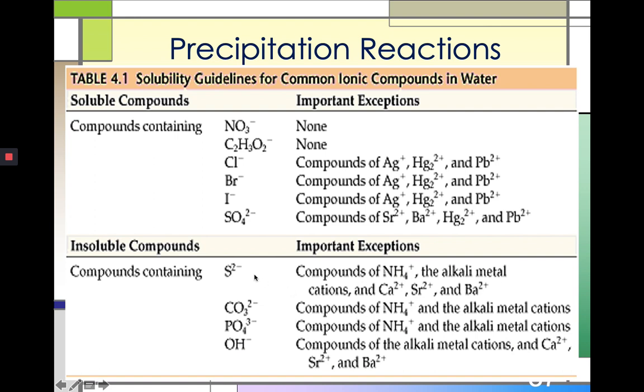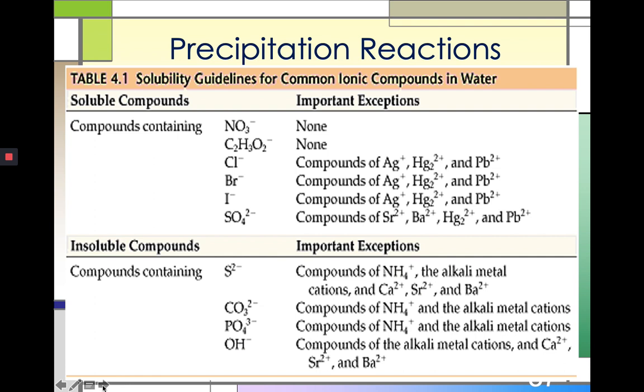So we can just use this as our guide and take note of the exceptions. If it is under insoluble compounds and it says that it is an important exception, for example Ca(OH)2, that means Ca(OH)2 is soluble in water and therefore it cannot be a precipitate.